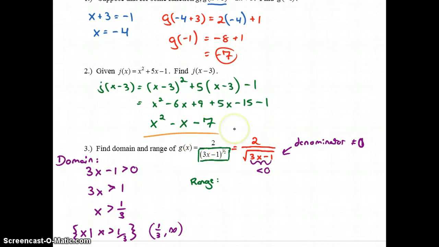The numerator definitely can't be 0. So the range, well, it's always going to be a positive number, and it's never going to get quite to 0. The range should be from 0 to infinity. Alternatively, you can say x such that x is greater than 0 if you want to write it in set notation.